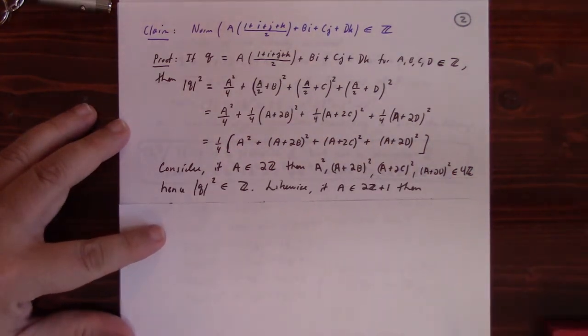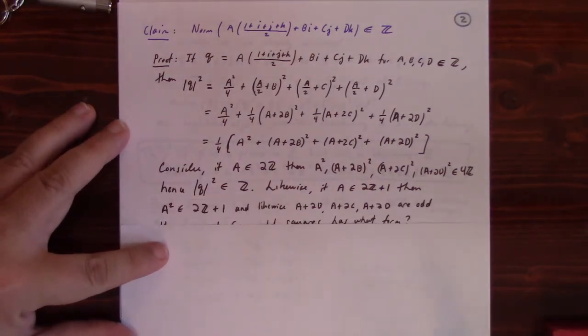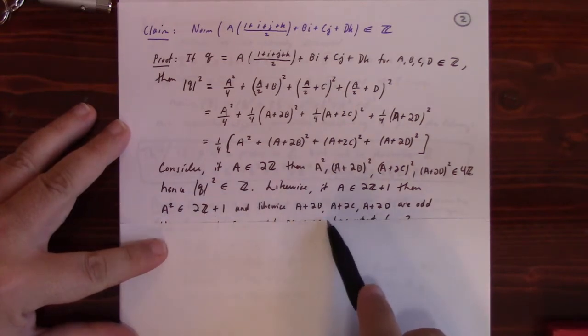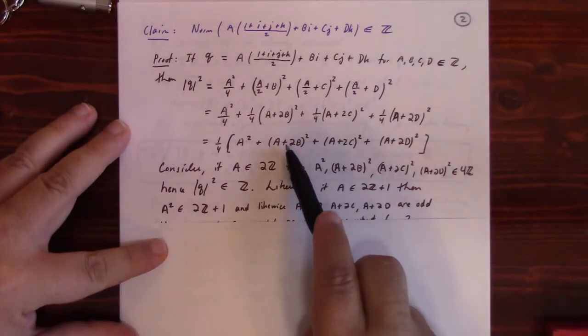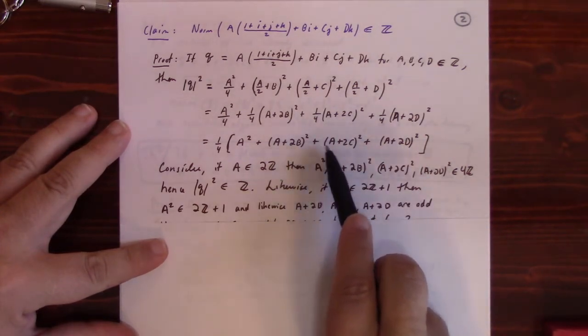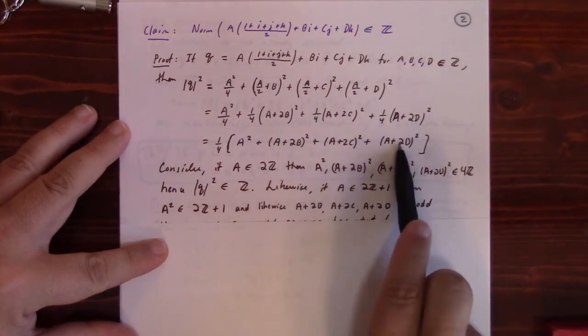So there's that case. On the other hand, if a is odd, then a squared is also odd, and likewise every one of these is odd. When you square odd, you get odd, so odd plus odd plus odd plus odd.